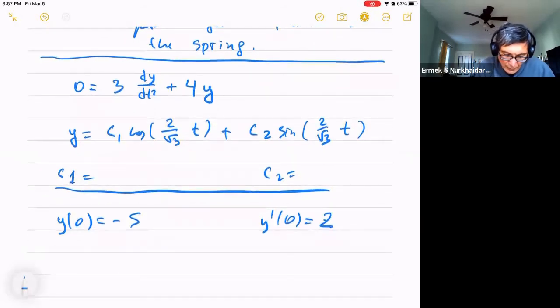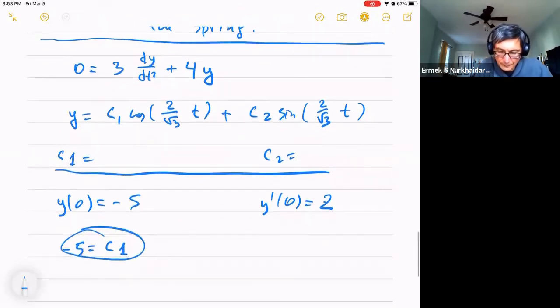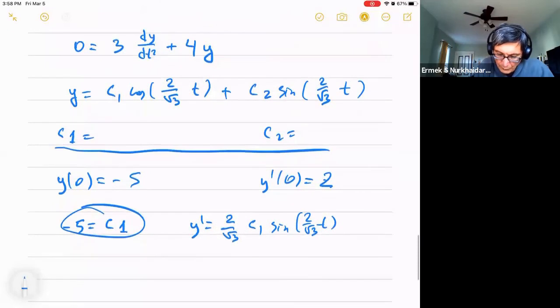So we're going to get -5 equals, sine of 0 is 0, cosine of 0 is 1, so C1 equals -5. And let's find what y prime is: 2 over square root of 3, C1 sine of 2 over square root of 3 t, plus 2 over square root of 3 C2 cosine of 2 over square root of 3 t.